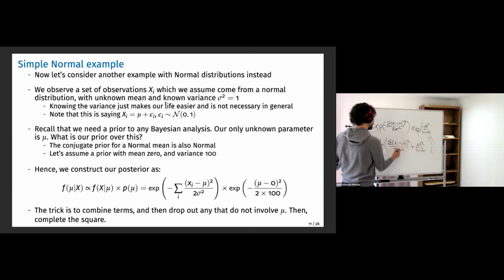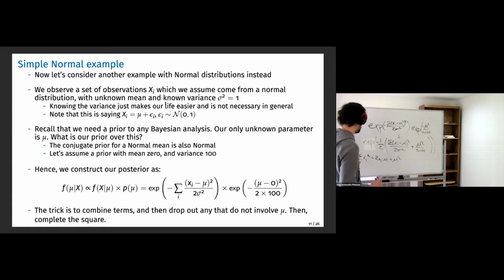Now, all we have to do is multiply it out. In any individual term, it's xi squared minus 2 xi mu plus mu squared, and we're going to be summing these up.